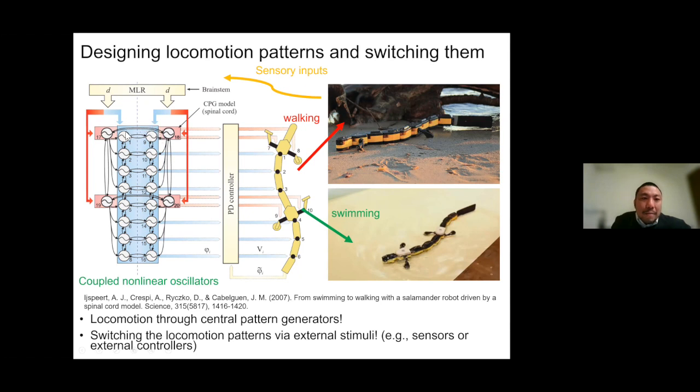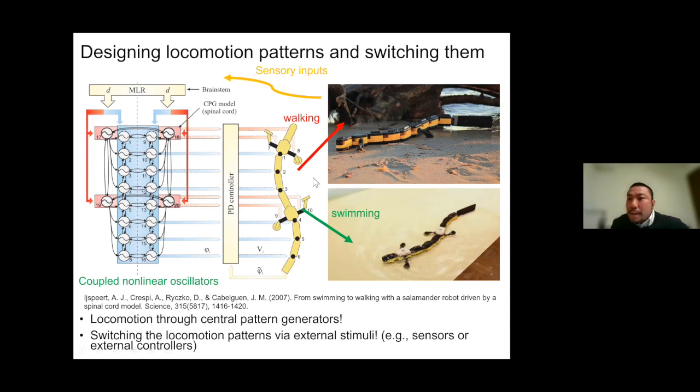And we need to design all these couplings to realize some bio-inspired locomotion pattern. By using these nonlinear oscillators, we control these joints, and these joints should be nicely coordinated to realize this kind of realistic locomotion style.